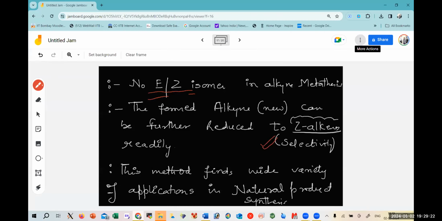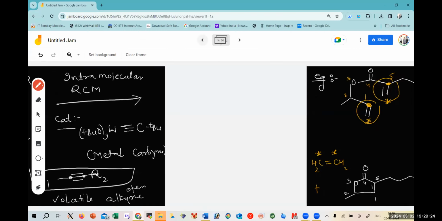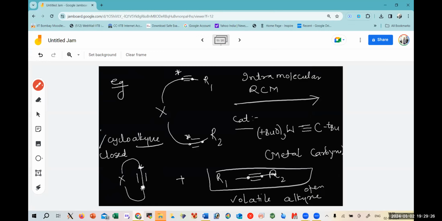If I just open the ring opening, just a second, I'll show you.